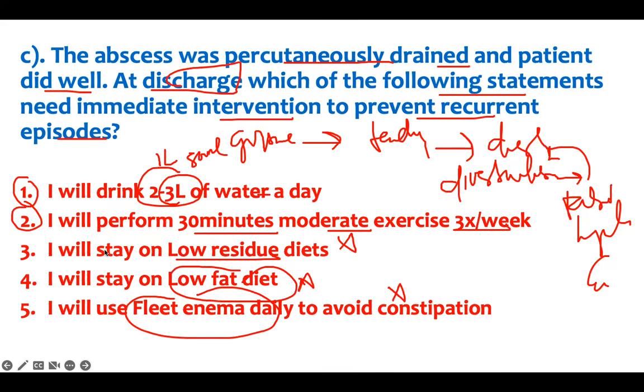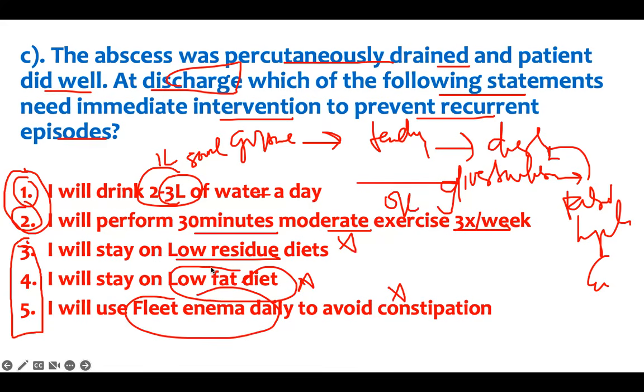So this is what they need to do. Therefore, the question is asking you, which one needs immediate intervention? These three. The first two are okay. I'll drink 2 to 3 liters of water a day. I'll perform exercise. Yes, those are okay.